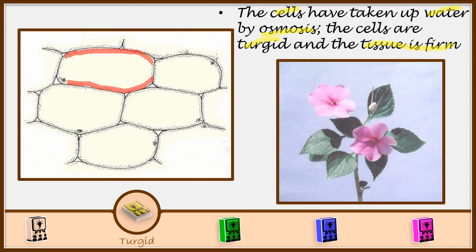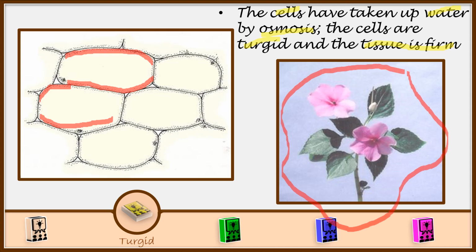If you look at them, you can see that they are swelling, meaning that they have taken in a lot of water. And when that happens, the cells become turgid and you will see the leaves being straight and flat because they are turgid.